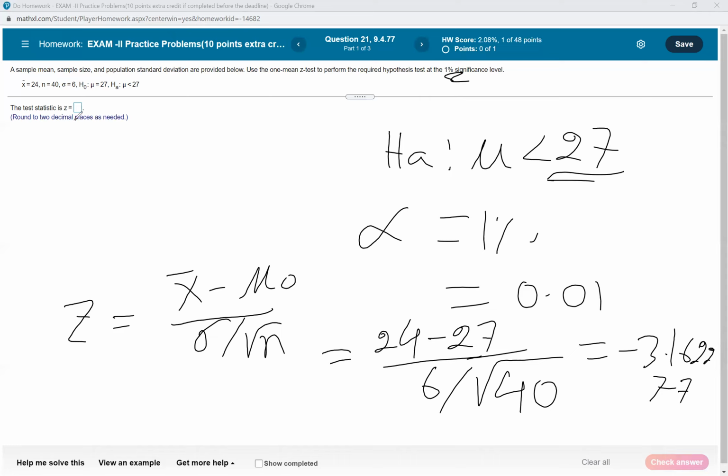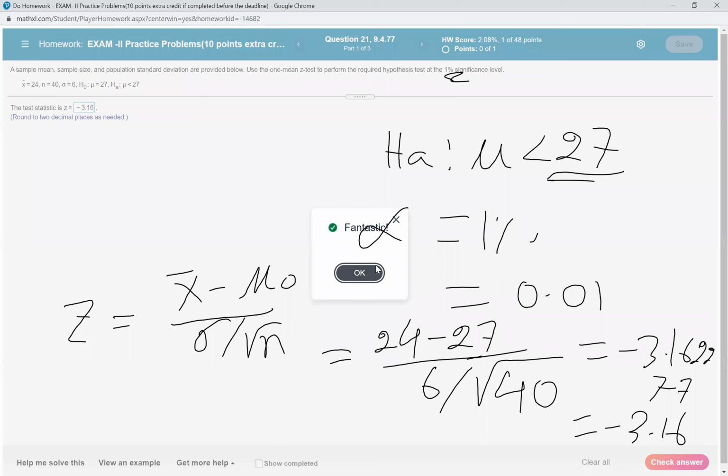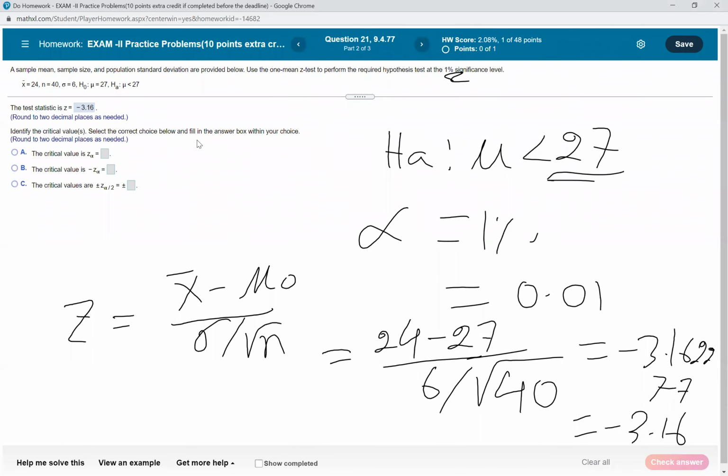We need 2 decimal places. So that means negative 3.16. So here we have the test statistic is negative 3.16. Let me check the answer. Yeah, that's the correct answer.